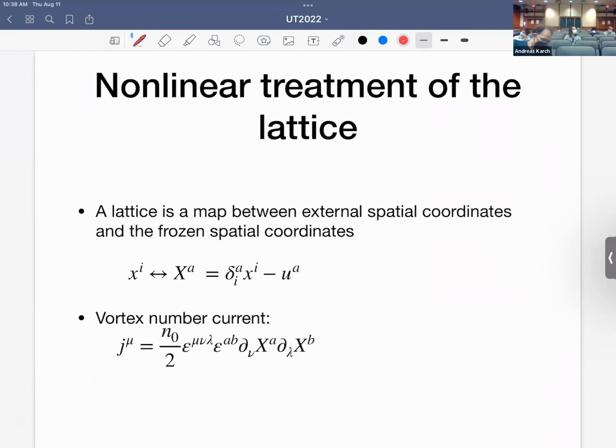Okay, so now maybe I have until 10:40. So this cubic term. Should we worry about the underlying triangular lattice? Yeah.